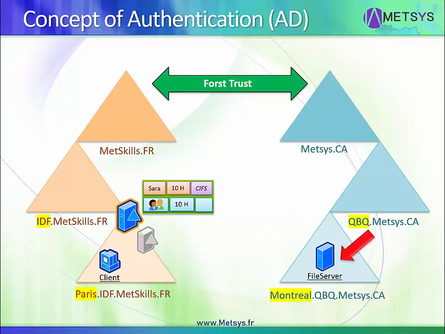It knows that the file server is ending with the naming of medsys.ca. And once it takes a look at all the objects inside the forest, it will find something in the root forest. And that something is the object that is pointing to the forest trust.